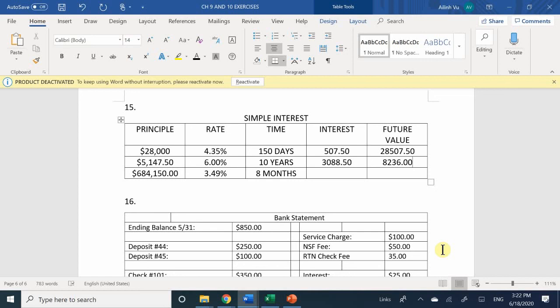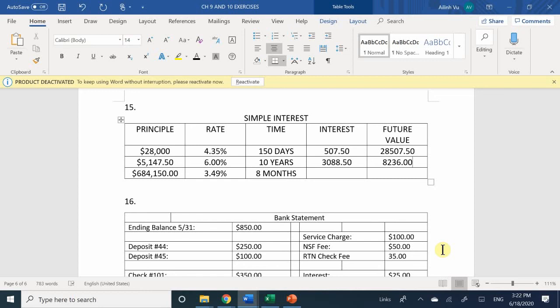No, that's not your interest, you're not done yet. Oh, times the 8 months. Yeah. Times 8 equals $191,014.72. Keep going, you're not done yet.